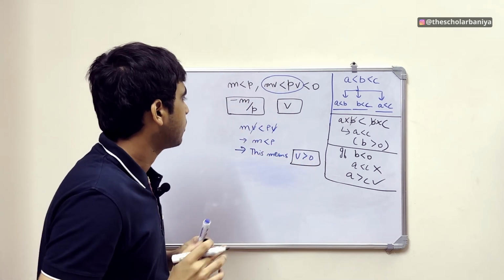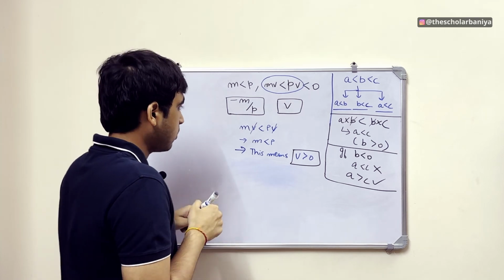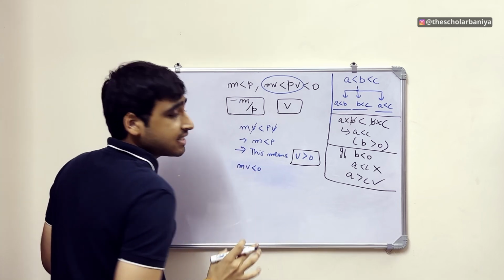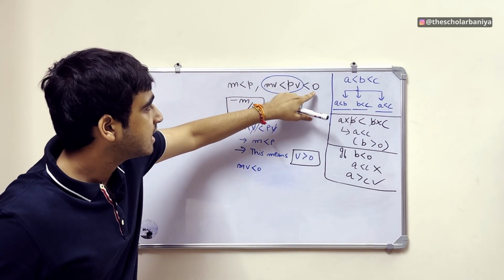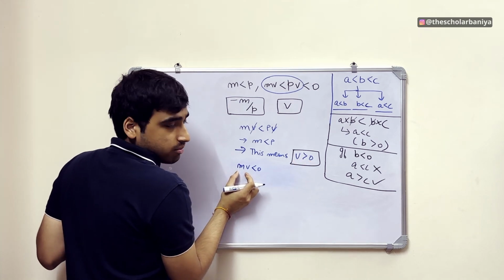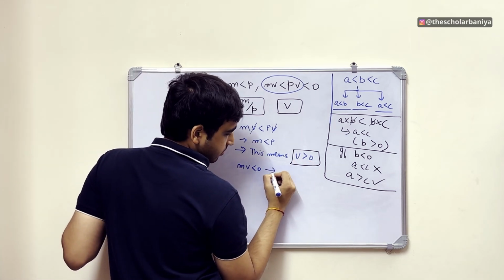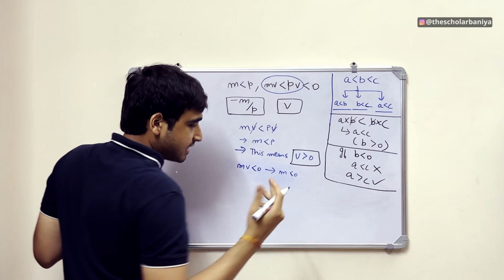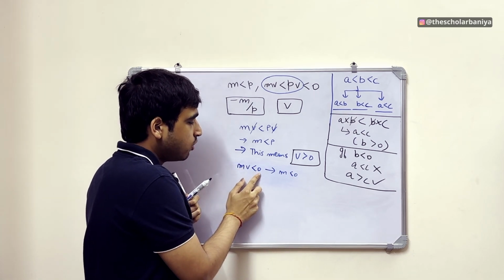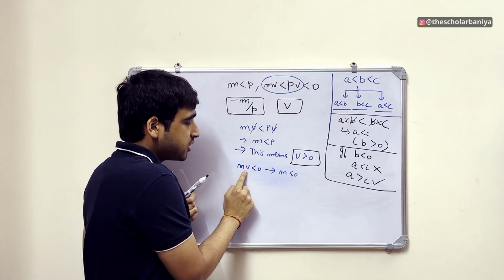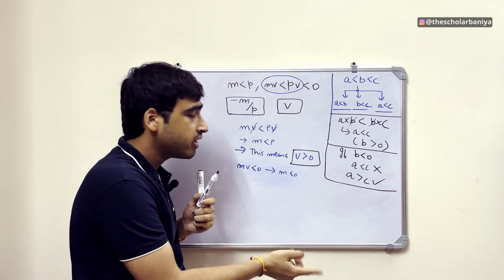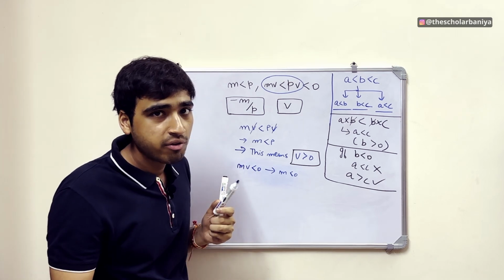Perfect, no doubt. Now, since mv is less than 0, and we know v is greater than 0, that means m has to be less than 0. Because if the product of two numbers is less than 0, then one has to be positive and the other negative. If both are positive, the answer will be positive; if both are negative, then also it will be positive.